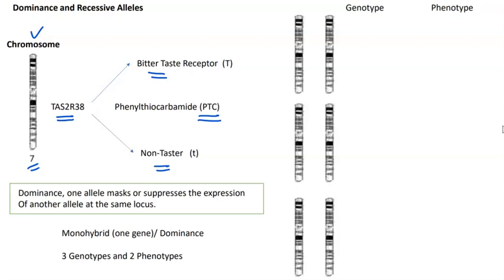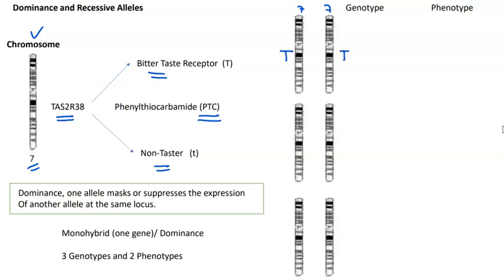So let's look at the possible combinations of these two alleles in individuals, remembering that you will have two versions of every allele. The first one I'd like to discuss is that we inspect the two chromosome 7s, and we find that the version of the gene there is the big T one, which means that we have a bitter taste receptor on our tongue.